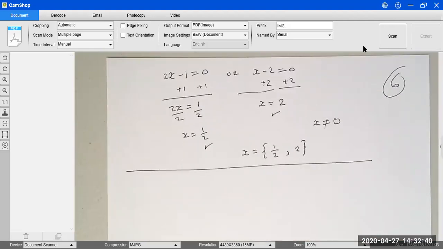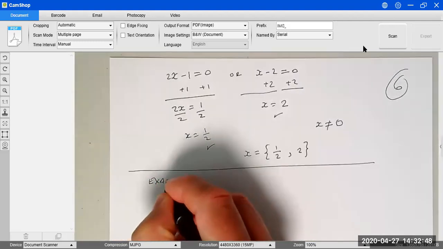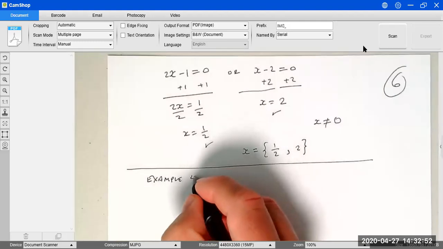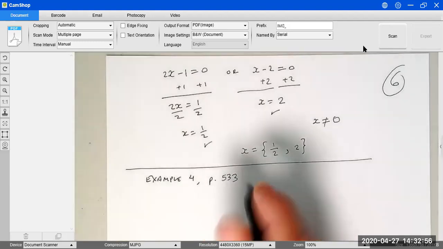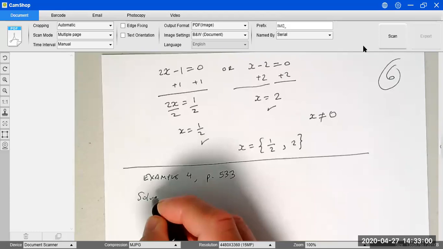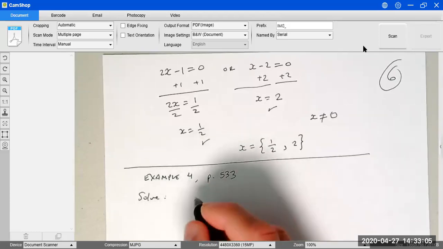So now we're going to work two more problems, and then it's going to be your turn. So we have example 4 on page 533. So we're going to solve the following rational equation.